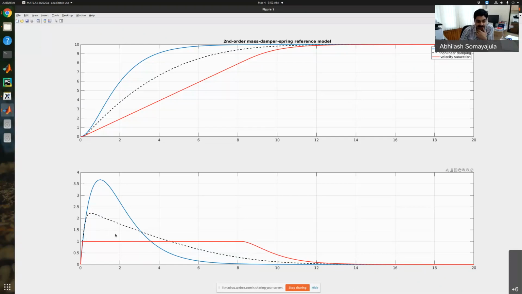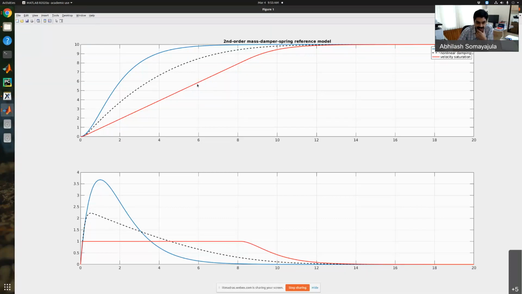So you will see here that in each of these 3 cases, when the overshoot is decreased, the system takes longer to stabilize into the steady state value. All of them reach the same steady state position of 10, but the one with the quadratic damping reaches there slower than the linear damping, and the one with the saturation reaches even slower than the quadratic damping case.